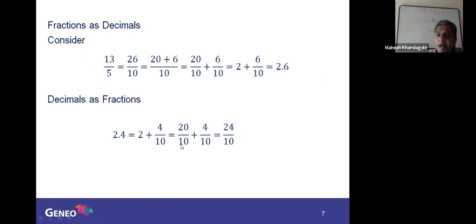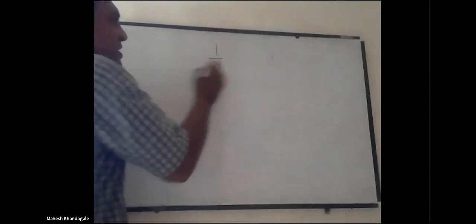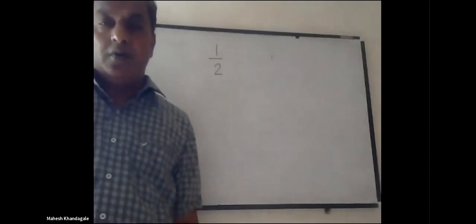Right. Now, fractions can also be represented as decimals. So you have to convert between fraction to decimal and decimal to fraction. So how to do that? Now see, suppose we want the decimal for 1/2.